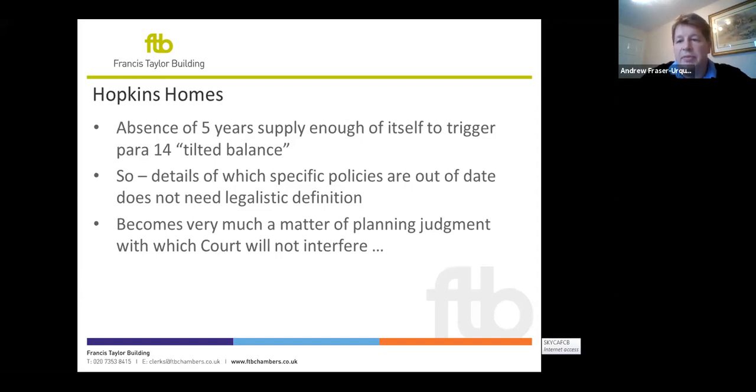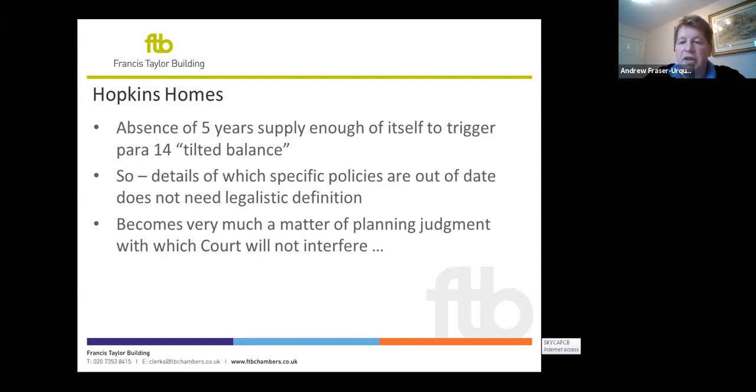The key point about Hopkins Homes, and it's relevant for all future considerations, is that the absence of a 5-year supply, exactly as the document says, is of itself enough to trigger the tilted balance. And so the extensive legalistic arguments about which specific policies are out of date, whether it was a narrow or a wide interpretation, if you remember those tortured debates, is not really relevant anymore.